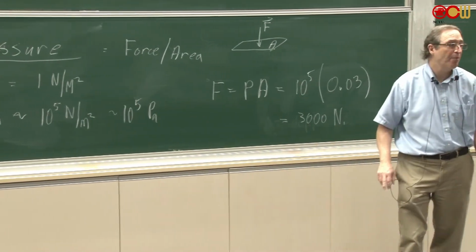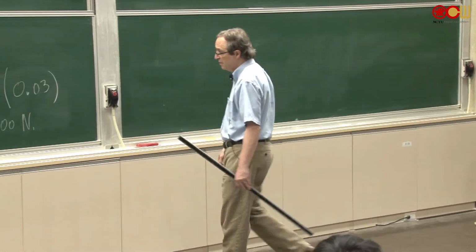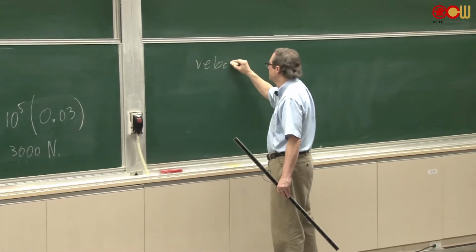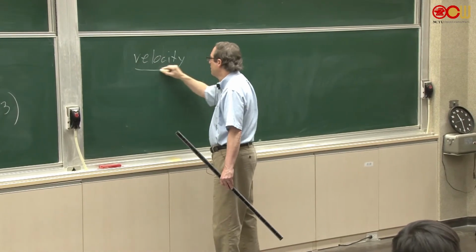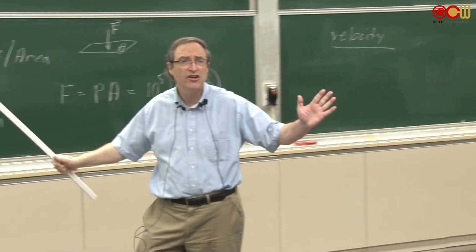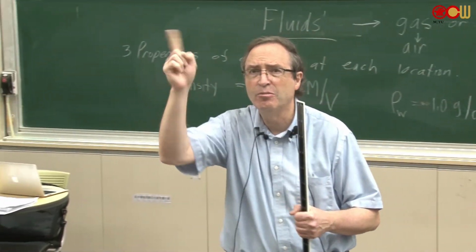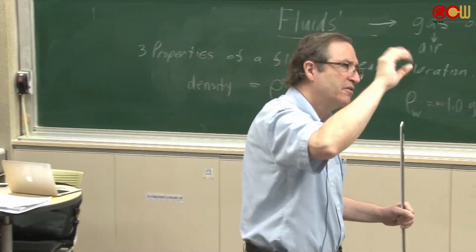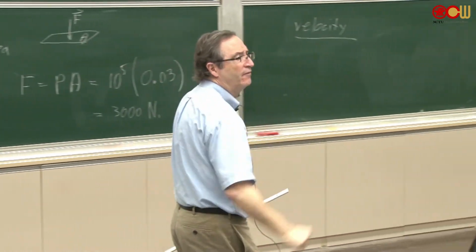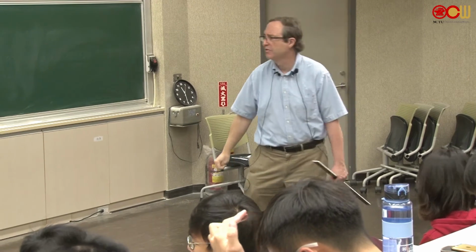The third property, which we'll talk about later in the class today, is velocity. So at every point in space, the fluid as a whole has a velocity. I'm not talking about the molecular motion. The individual molecules might be going back and forth, but the overall flow of the fluid is kind of like an average over all the molecules.